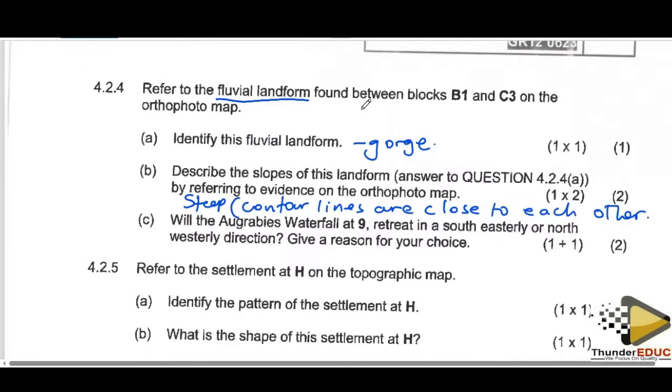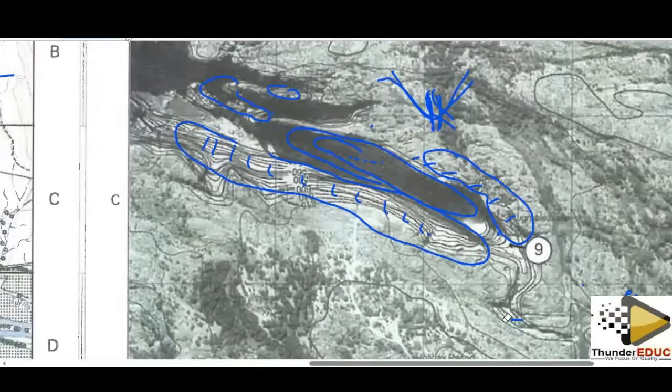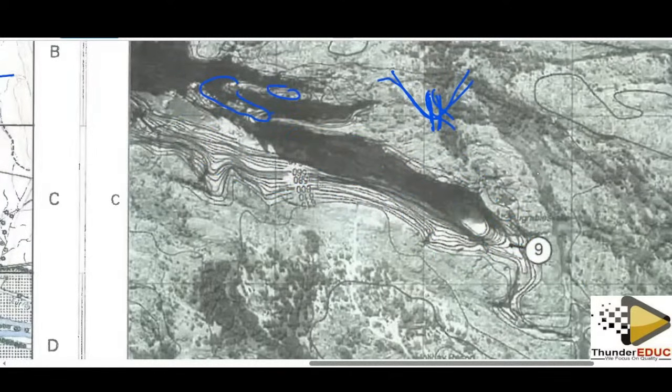Okay, so this is our waterfall at this point here.